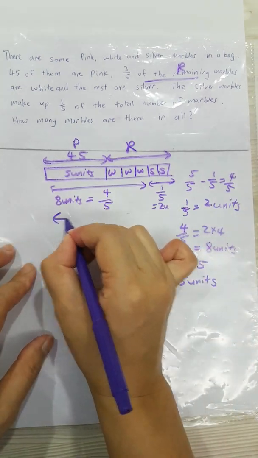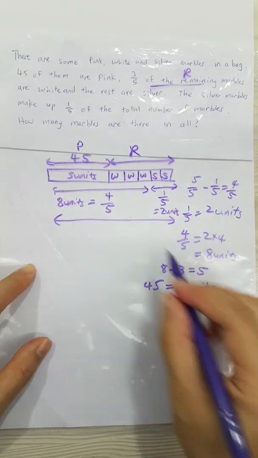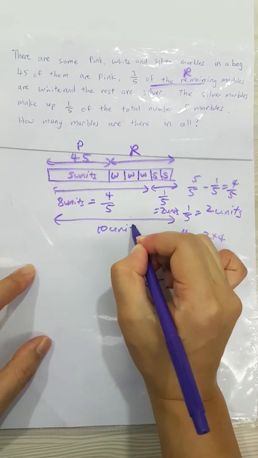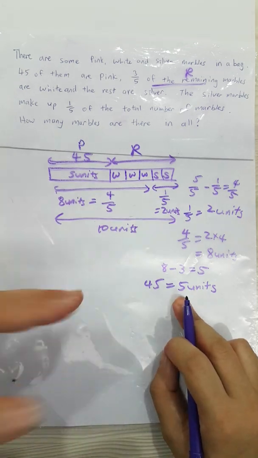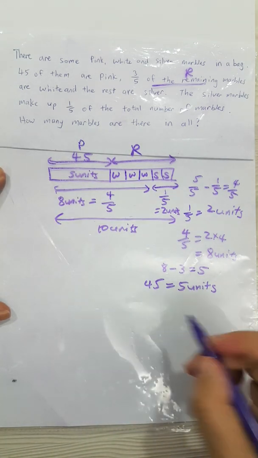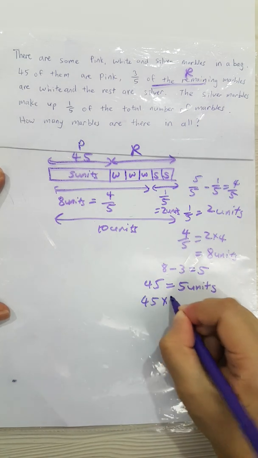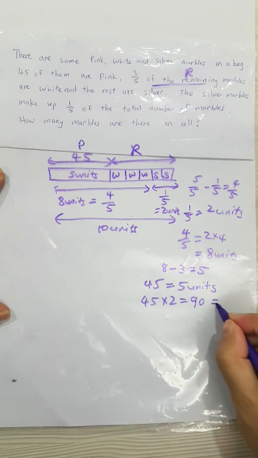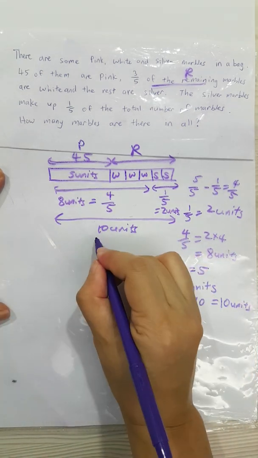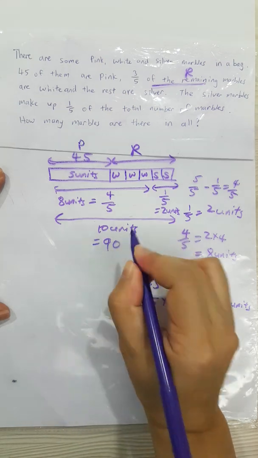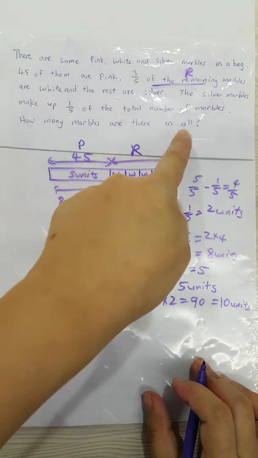So in total, okay, it will be 10 units. So you don't have to find 1 unit here because 5, I can just times 2 to become 10. So I will just do 45 times 2, I get 90. That will be 10 units. So 10 units from here to here, 10 units will be 90. And this will be my marbles at first, or in all.